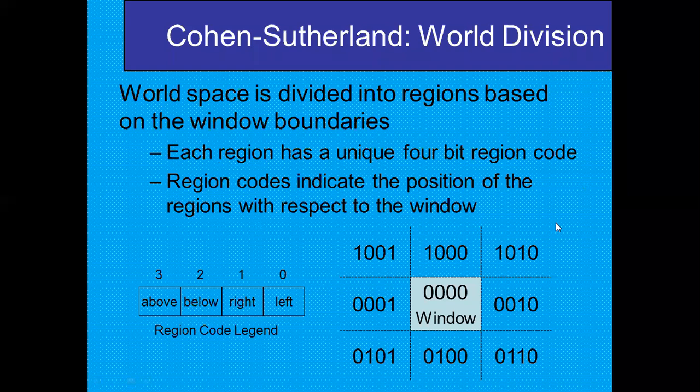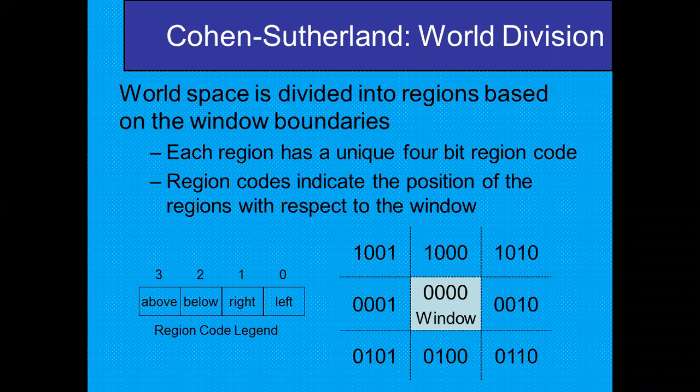So you can see here, this is the image space, completely. The Cohen-Sutherland divided the whole image space into 9 regions, and this center portion is called the window. For each of the 9 regions we use a 4-bit code, that is called the 4-bit region code.